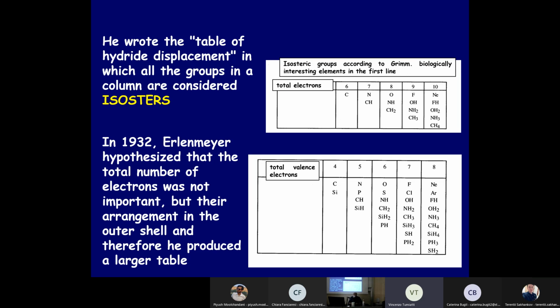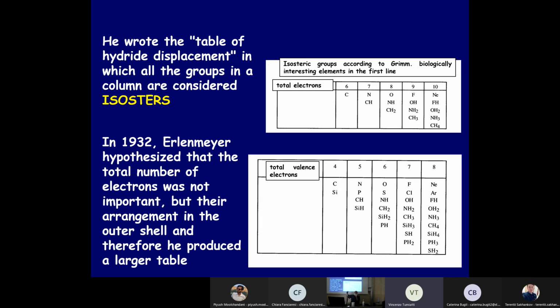He said, perhaps it's possible to change a nitrogen atom with a carbon with a nitrogen, because you have the same number of electrons. Oxygen has 8 electrons. Perhaps we can change oxygen with a nitrogen with a hydrogen atom, or with a carbon with 2 hydrogen atoms.